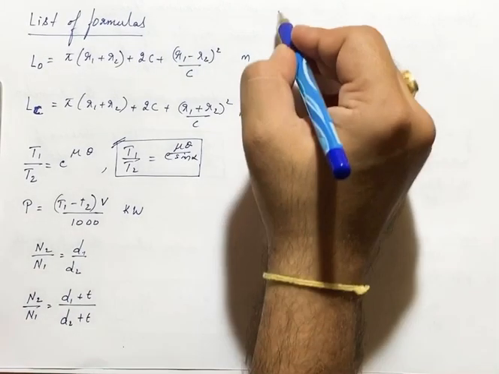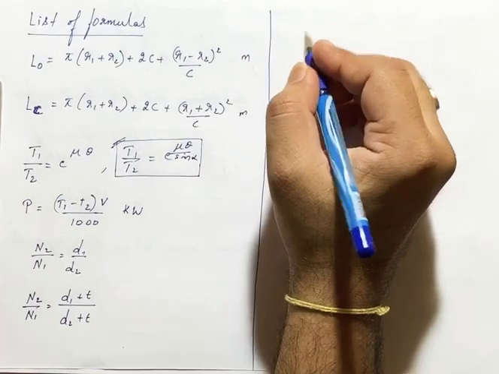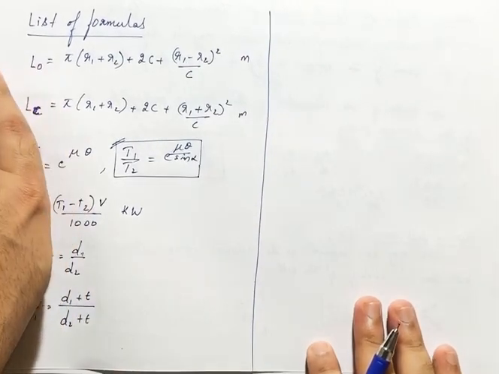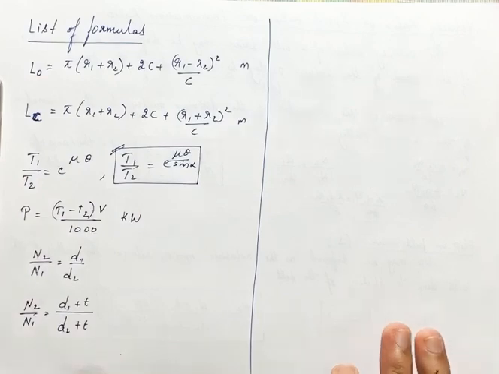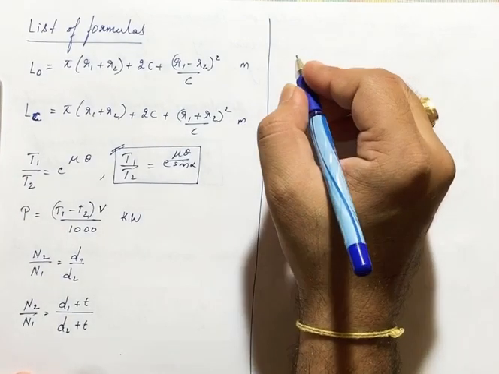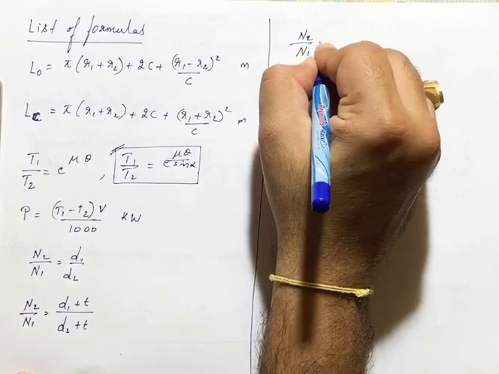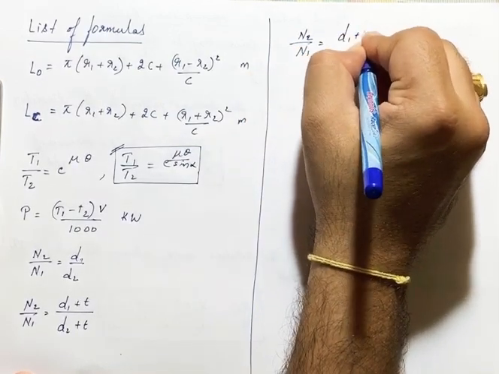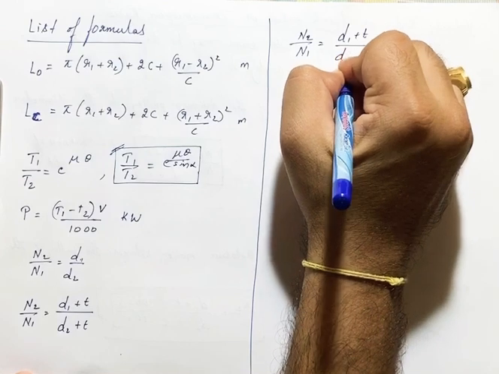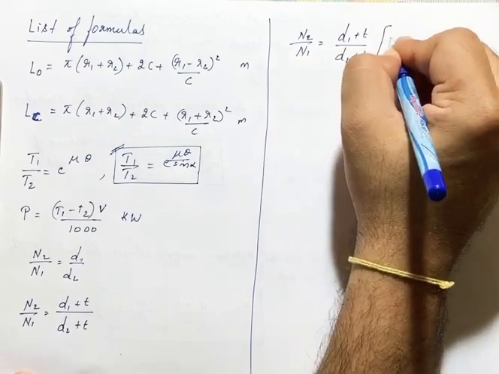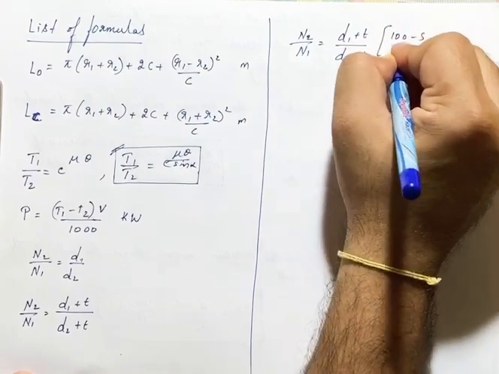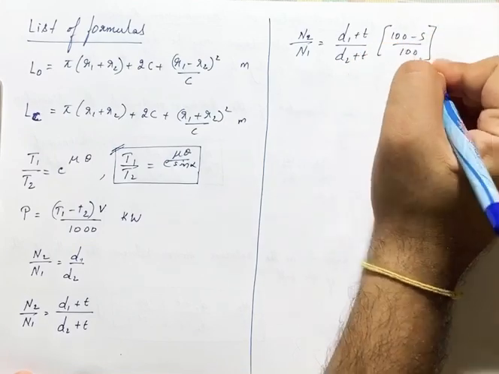Now considering belt thickness as well as the slip, that is N2 by N1 is equals to (D1 plus T) divided by (D2 plus T) into (100 minus S) divided by 100 here.